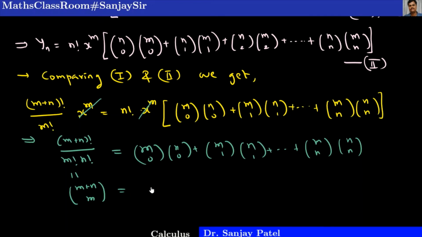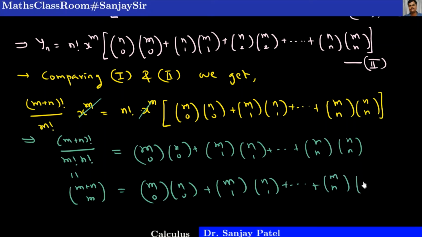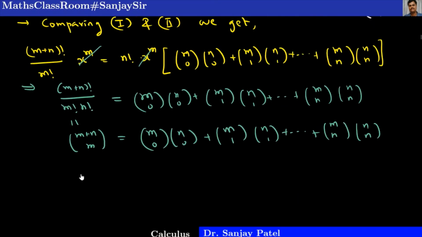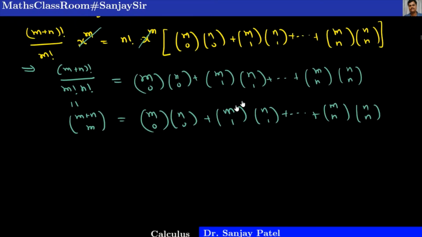Both are same. And this as mc0 nc0 plus mc1 nc1 plus and so on, plus mcn into ncn. This is m. Okay.